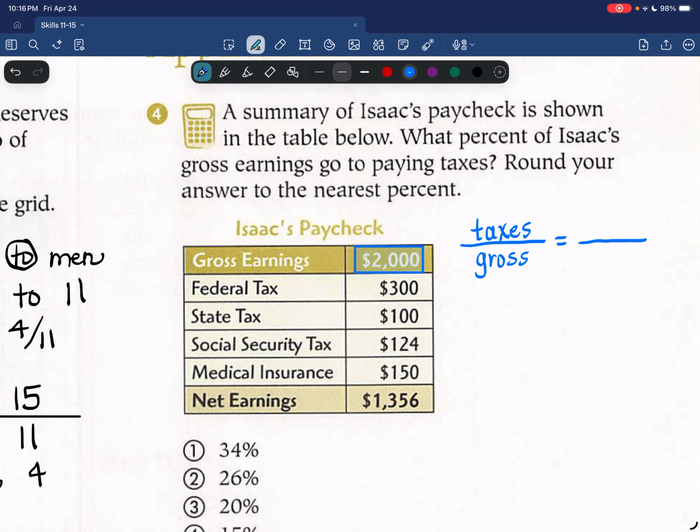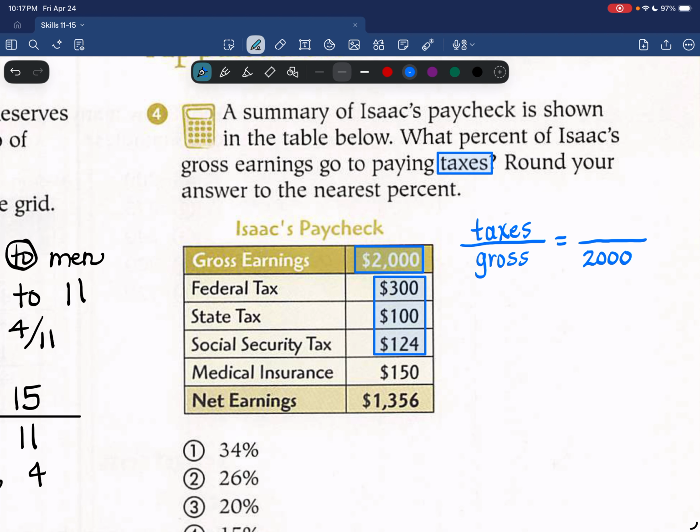And gross means before taxes. And it says paying taxes. So we have to be very careful here what it's asking. Taxes include all taxes. So that would be federal, state, and Social Security taxes. We would not calculate his medical insurance as a tax.